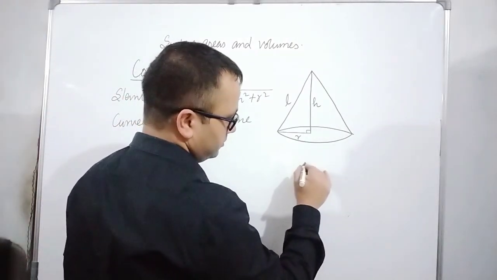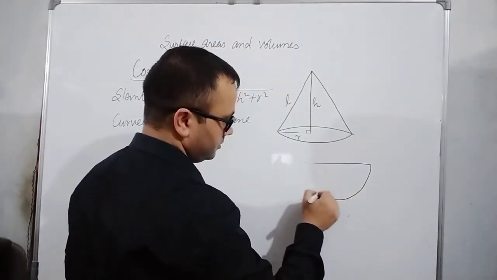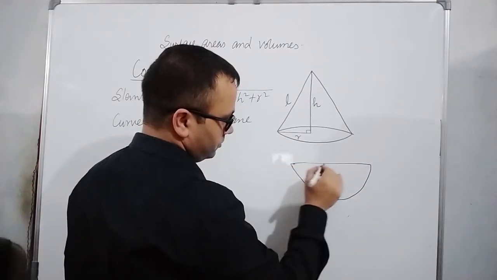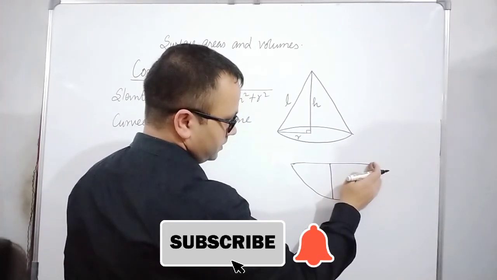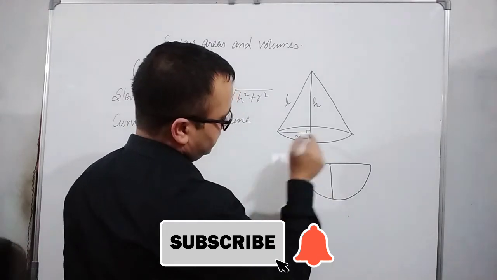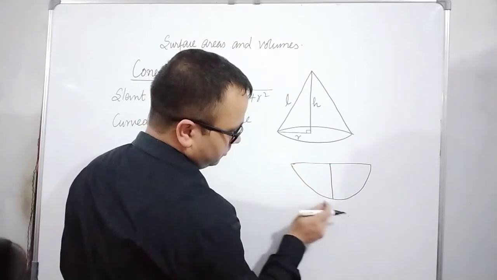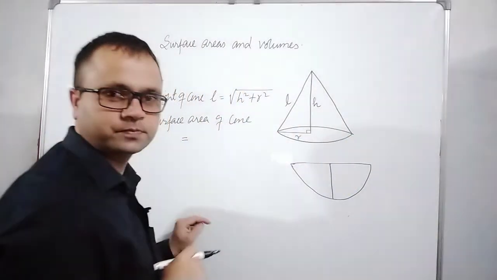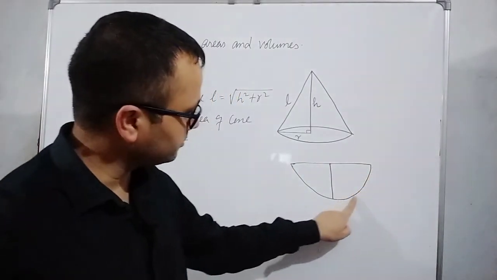If you have semicircle, now it is folded from the middle. It is folded here, and this point to here you get cone. So this portion is this semicircular perimeter of semicircular part.